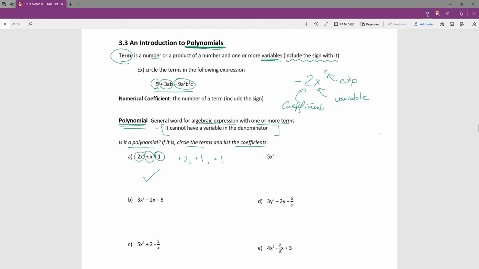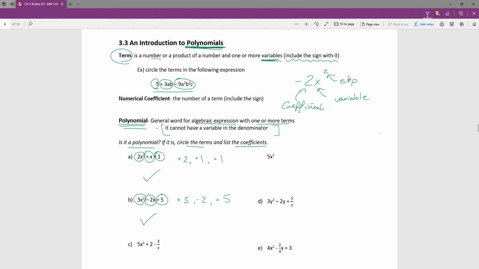For B, if we take a look at this one, it is a polynomial. I could circle my terms and list my coefficients. That's a positive 3, a negative 2, and a positive 5. You don't have to write the positives in, but you absolutely need to write the negatives in. And so I put all the positives and negatives in here.